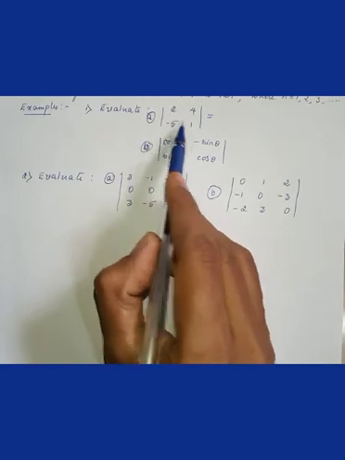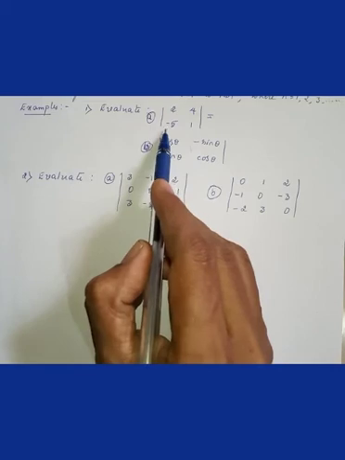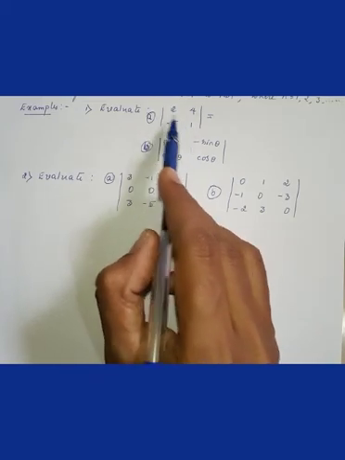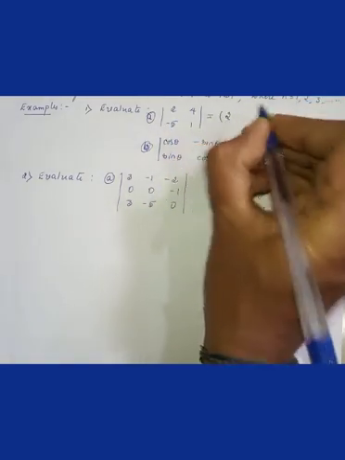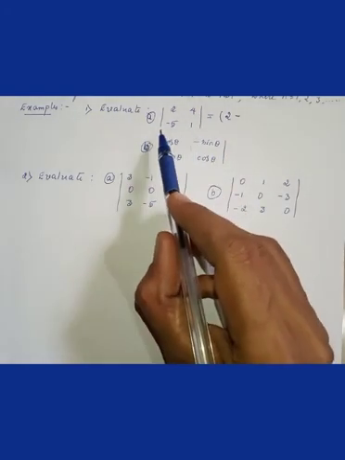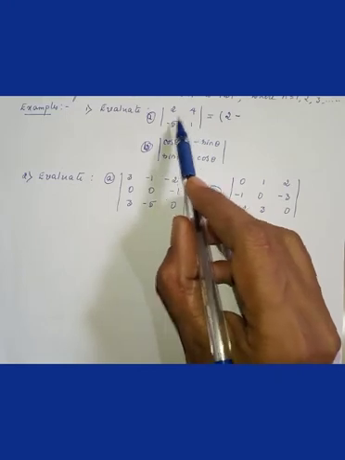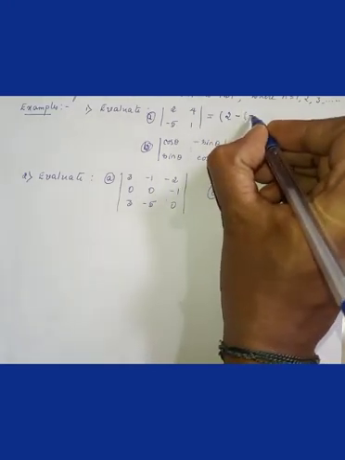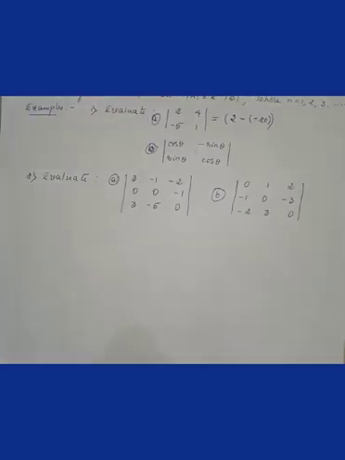Multiply the diagonal entries minus multiply the non-diagonal entries. The diagonal entries here are 2 and 1, so 2 minus, and multiply the non-diagonal entries: minus 5 into 4, which is minus 20.